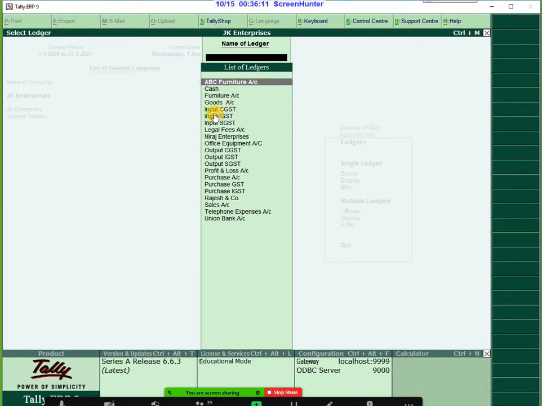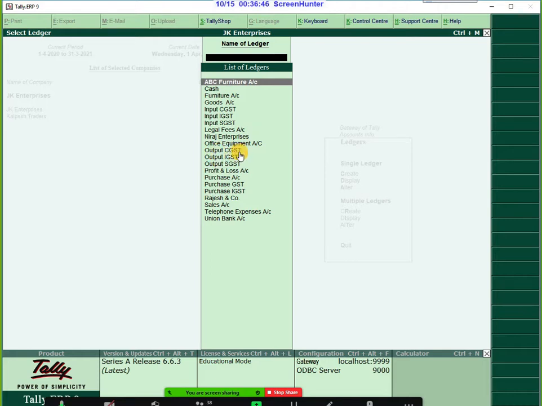goods account, input CGST, meaning central GST, input IGST, input state GST, legal fees account. Neeraj Enterprises is our sundry debtor. Then office equipment account, the group will be fixed asset.